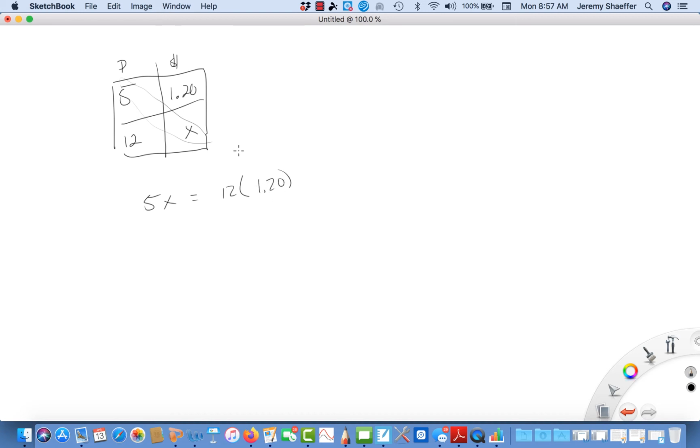Okay, and again 12 times 1.2 is going to give us 14.4. So 5x equals 14.4, and then we're going to divide by 5 so that cancels, and divide by 5. And when we do that, let me do some quick math here. That should equal 2.9.